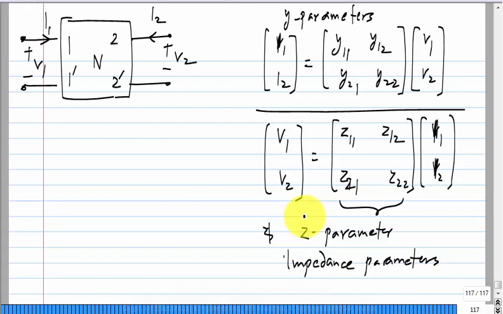So obviously the Y and Z parameters are related to each other, right? Because the same network can be represented by either. What is the relationship? If I gave you Y parameters, how would you get the Z parameters? Yeah, just inverting, that's all. Okay. So in this case it's very easy.